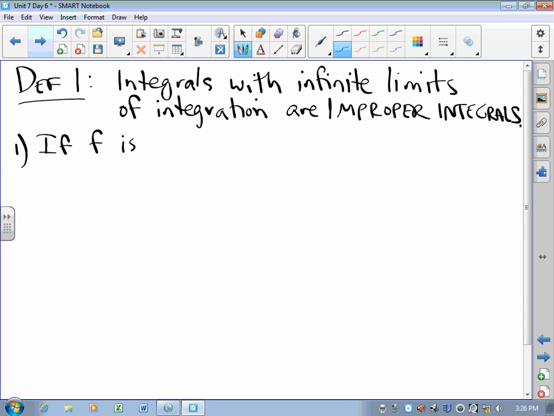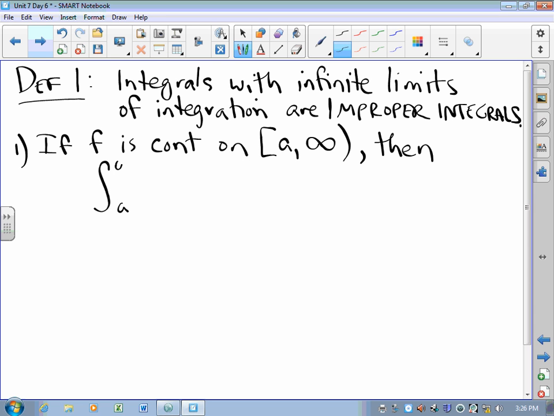If f is continuous on the half-open interval from a to infinity, suppose it's half closed, then the integral from a to infinity of f of x dx is... So the thought is, I don't know how to do the integral from a to infinity, but I do know how to do the integral from a to some number b.